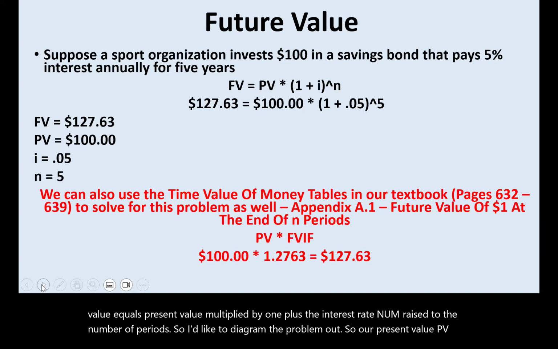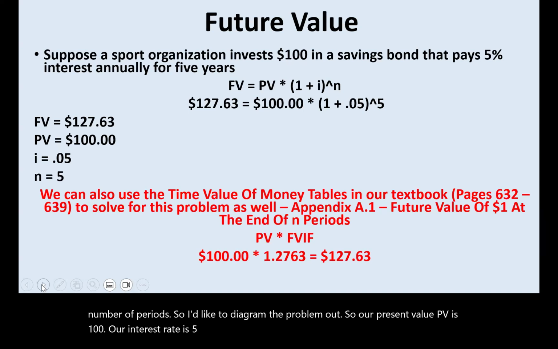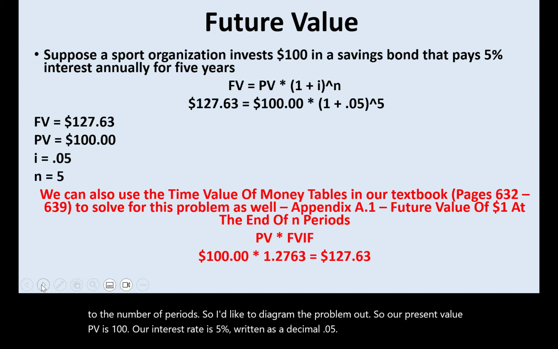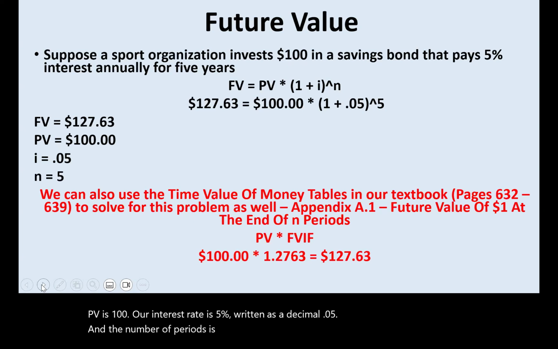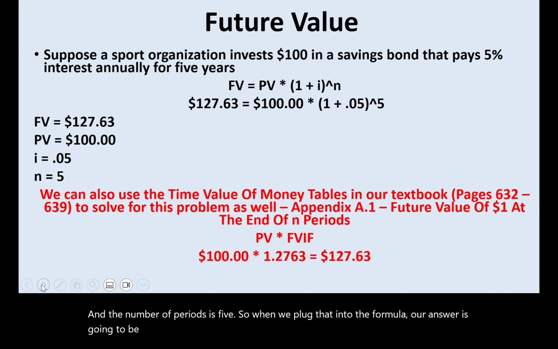Our interest rate is 5%, written as a decimal, 0.05. And the number of periods is 5. When we plug that into the formula, our answer is $127.63.